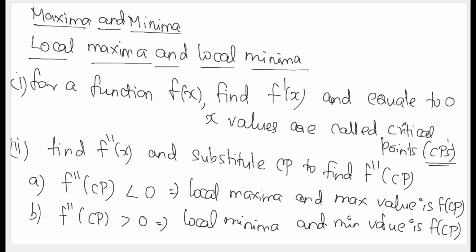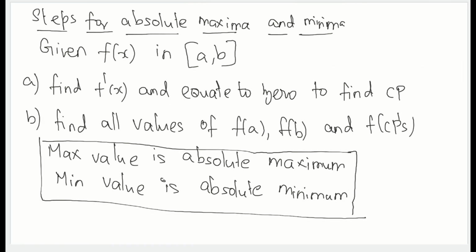Okay, now we go to another classification of maxima and minima, which is called absolute maxima and absolute minima, which is a relatively very simple topic compared to this. Absolute maxima and absolute minima, there will be an interval. The difference between local and absolute is that in local maxima and local minima, there is no interval given.